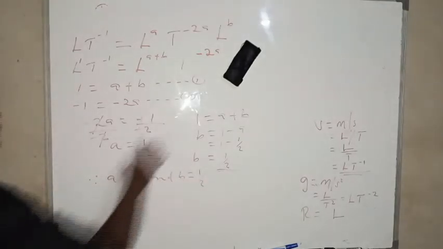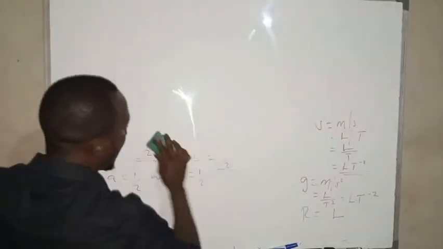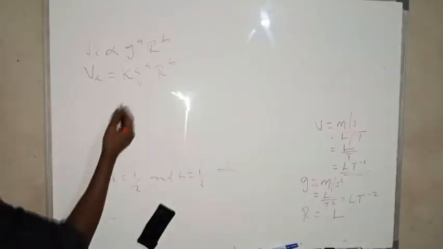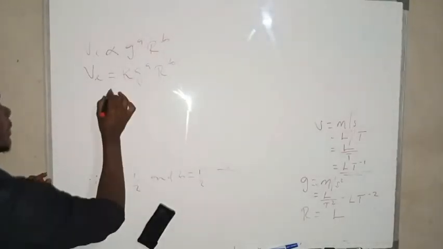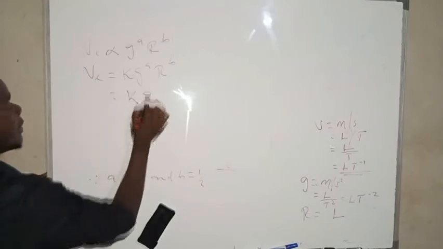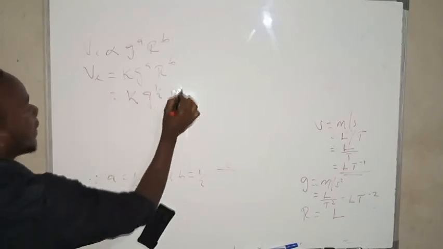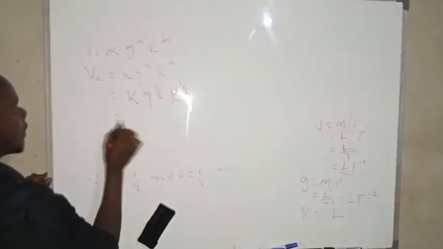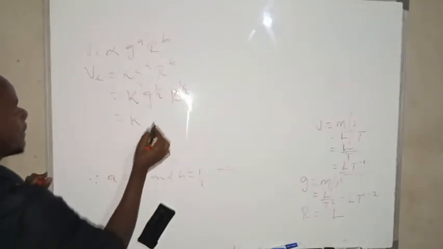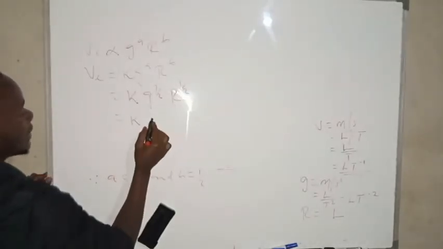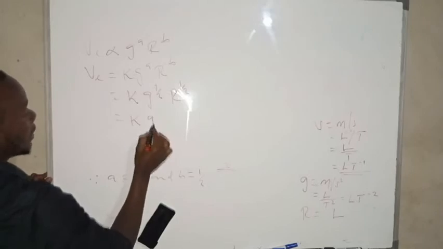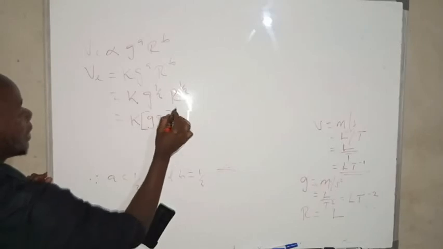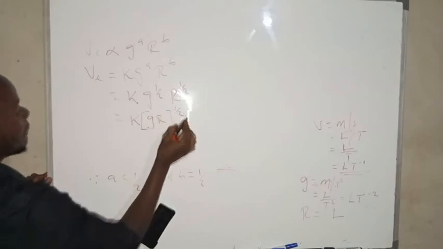Now we want to express the result by putting in these values. So we have K, g to the power half, R to the power half. Since they have the same power, this can be written as K times (gR) to the power half.